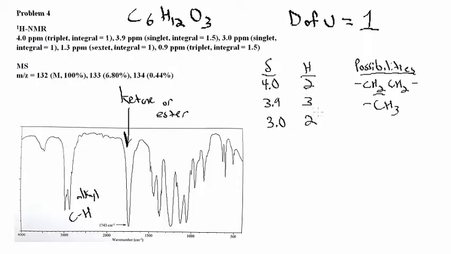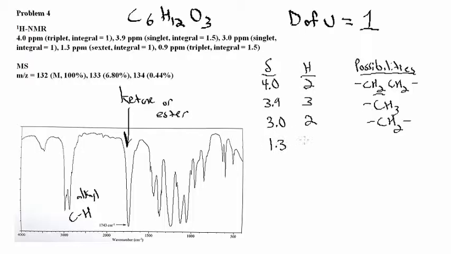And a singlet, just like this methyl group, means that it's not nearby any other hydrogen, so there should be no other coupling, meaning that this CH2 should be isolated from other carbons containing hydrogens.